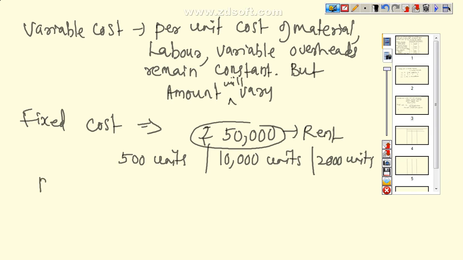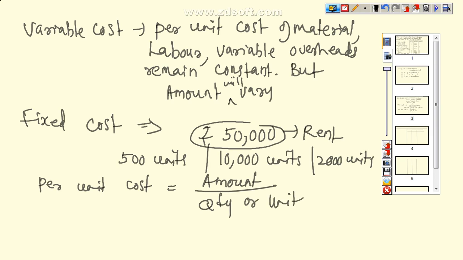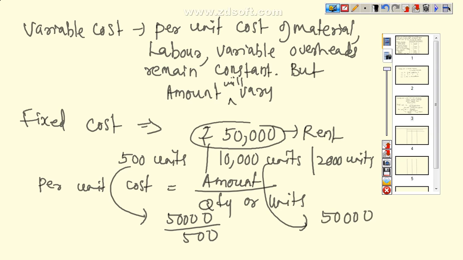So we calculate per unit cost. Per unit cost is equal to amount upon quantity. It is also known as units. Means for 500 units, per unit cost is equal to 50,000 upon 500. And for 10,000 units, per unit is equal to 50,000 upon 10,000.